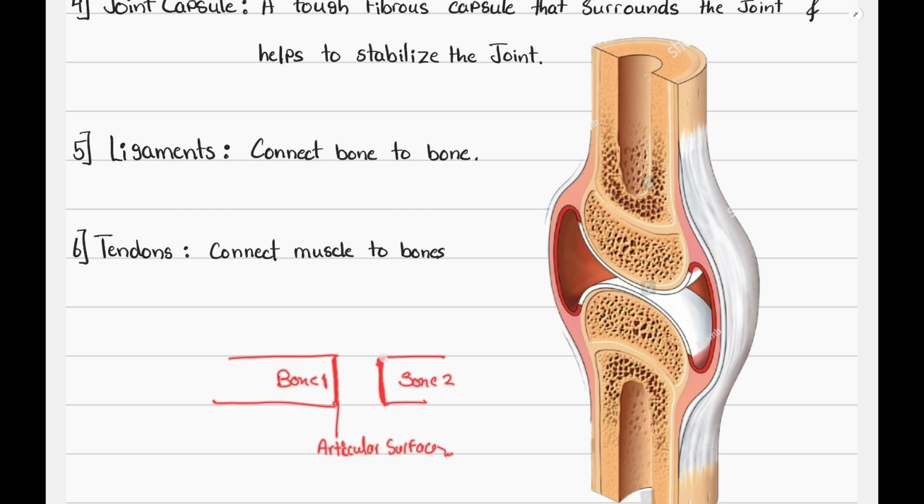And if at the top of the surface I add a cartilage, this is the cartilage, then I would name this cartilage as articular cartilage. Hope you are able to understand this.